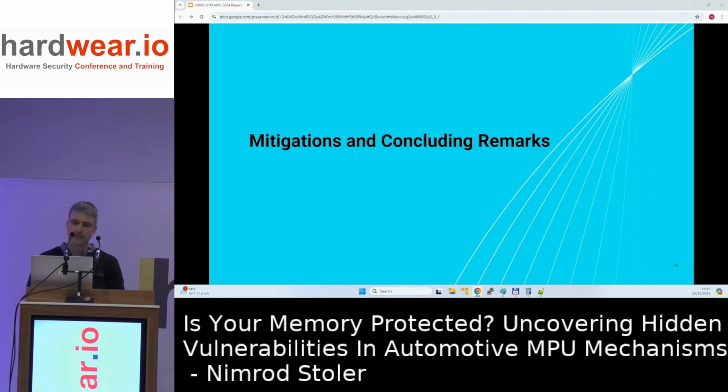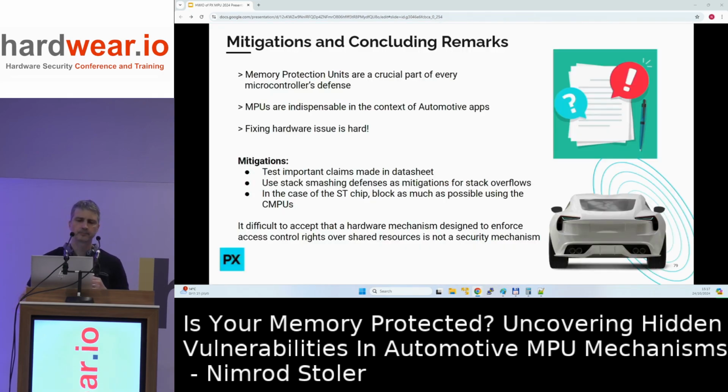To summarize, as we've shown throughout this presentation, memory protection units are a crucial part of every microcontroller defense strategy, since they offer efficient and straightforward protections against advanced security threats.